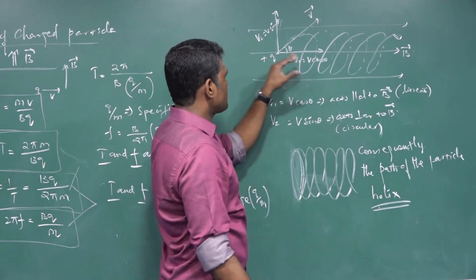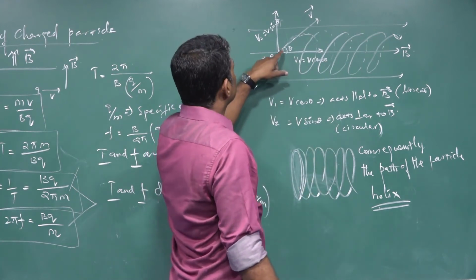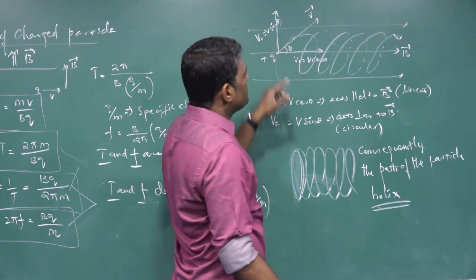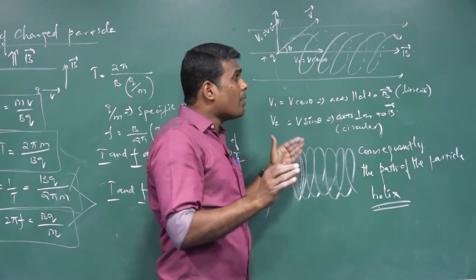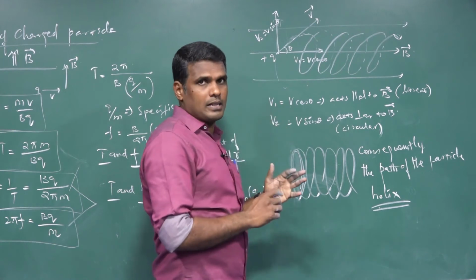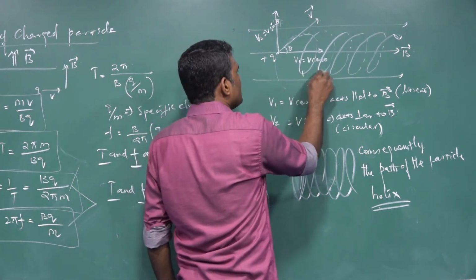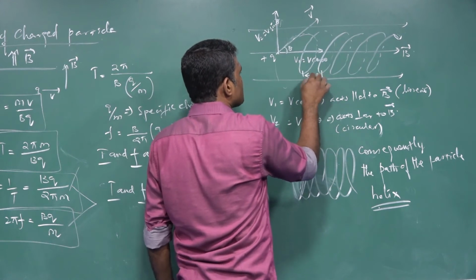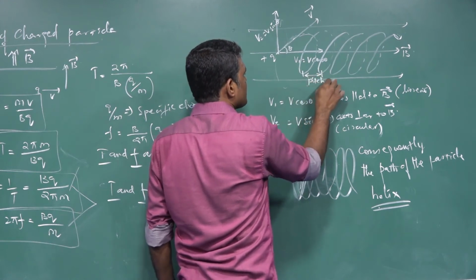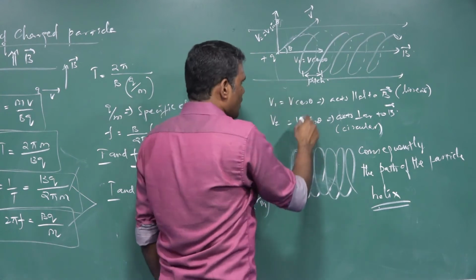In this particular case, the sin theta component maintains the parameters of a circular path, and the cos theta component is used to calculate the pitch of the helix. What is the role of the sin theta component?